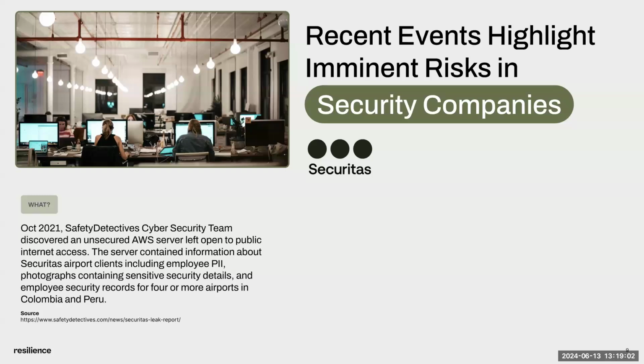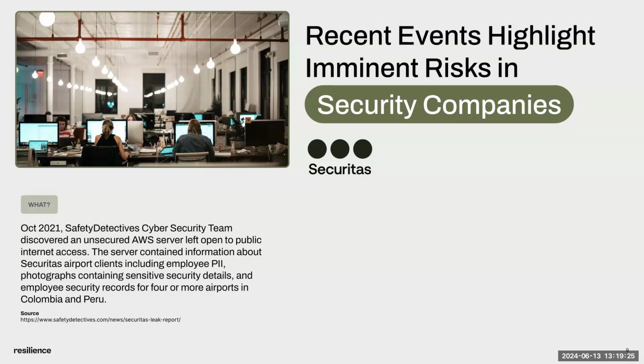Another recent event, maybe a little bit older, but also involving a European entity, Securitas, which of course is a Swedish security company that's headquartered in Stockholm. In this particular case, an actual breach that we're aware of did not occur per se.